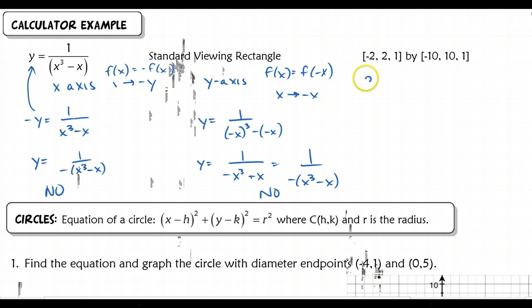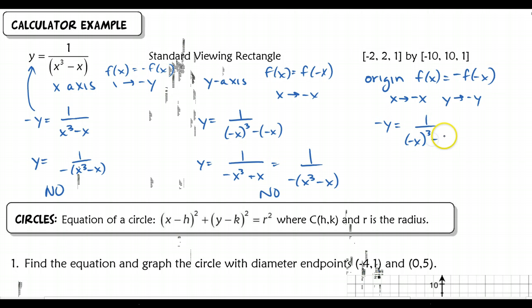The last test is going to be whether or not it's symmetric with respect to the origin. So we're going to test, does f of x equal negative f of negative x? In other words, let's replace x with negative x and y with negative y. Now when we test this, I have negative y equals 1 over negative x to the third minus negative x. And I'm going to simplify. So I have 1 over negative x cubed plus x.